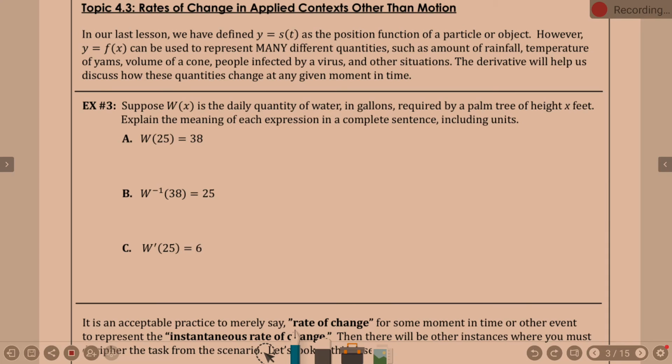So what does W of 25 equals 38 mean? My 25 feet palm tree requires 38 gallons of water per day.